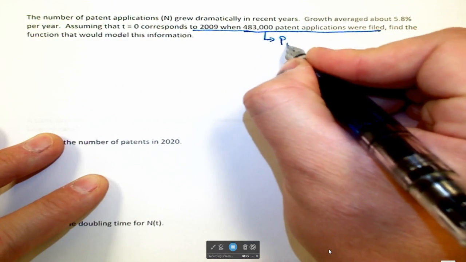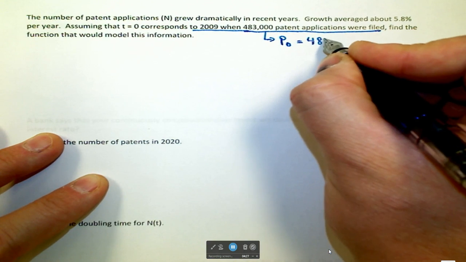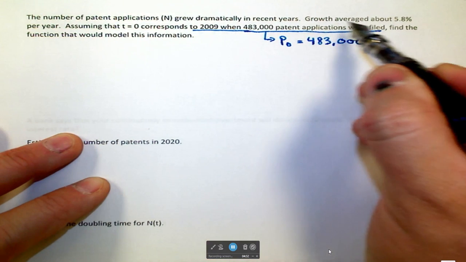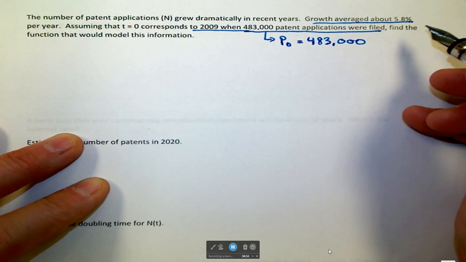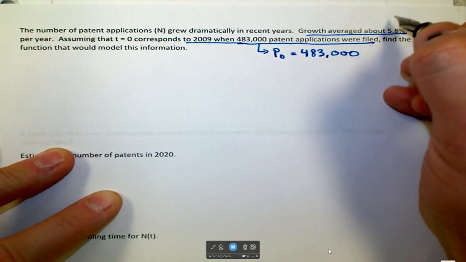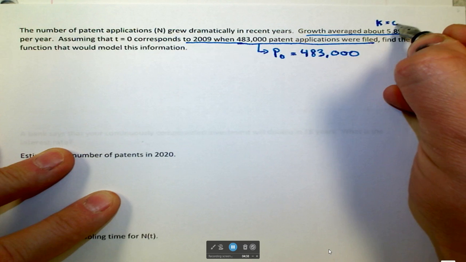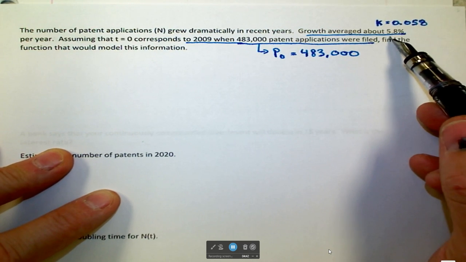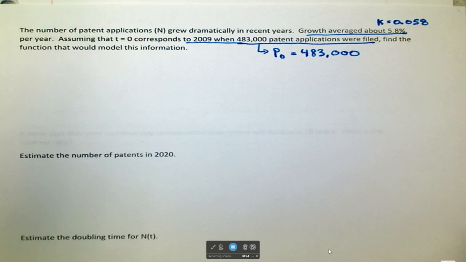So I know P0 is 483,000. Okay? Growth rate, 5.8%. So I know, I'll come up here and write it, K equals 0.058. Right? So we turn that percent into a decimal, 0.058.